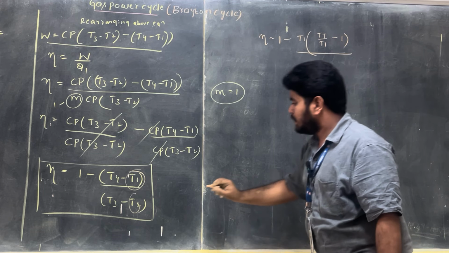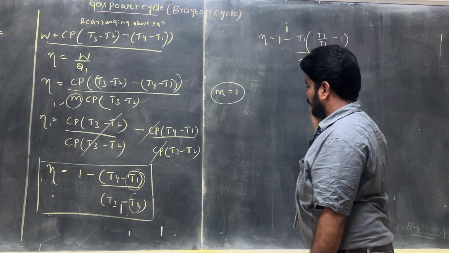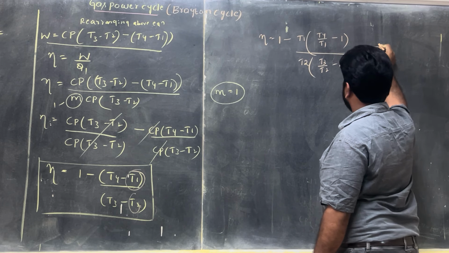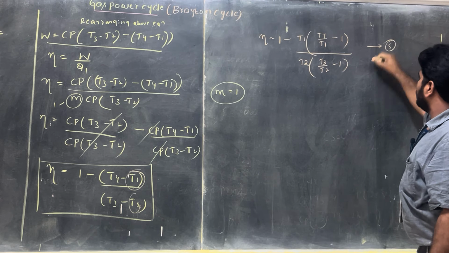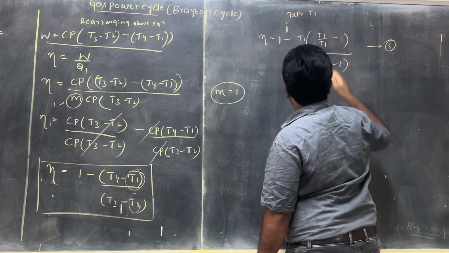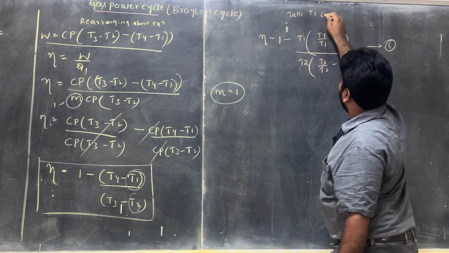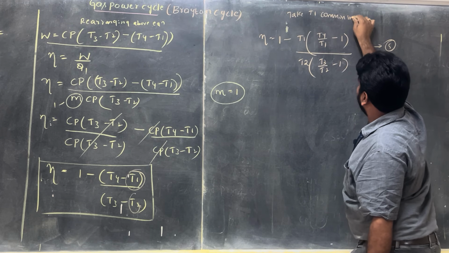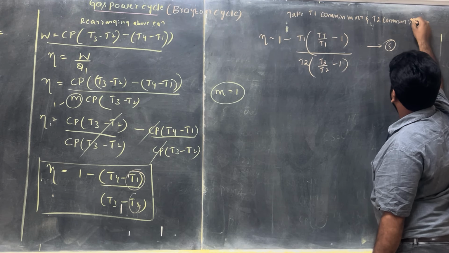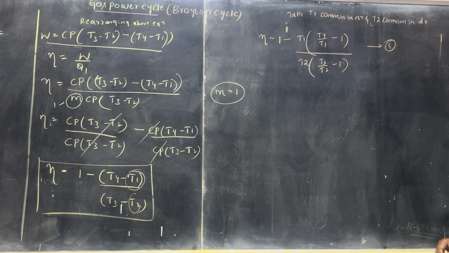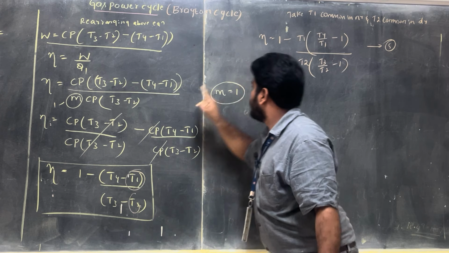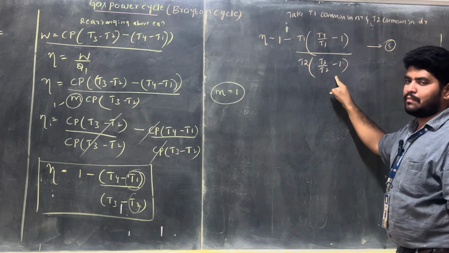Similarly, in the denominator, if I take T2 common, I will get T3 divided by T2 minus 1. I consider this as equation number 5. So efficiency is equal to 1 minus T1 into T4 by T1 minus 1, divided by T2 into T3 by T2 minus 1.